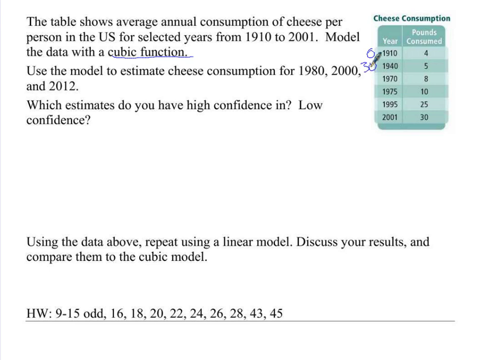And then 1970 is 60. 75 would be, 95 would be, and then 2001? 91. So just keep that in mind. You want to do that before you start entering your data in. Let's go ahead and do that.